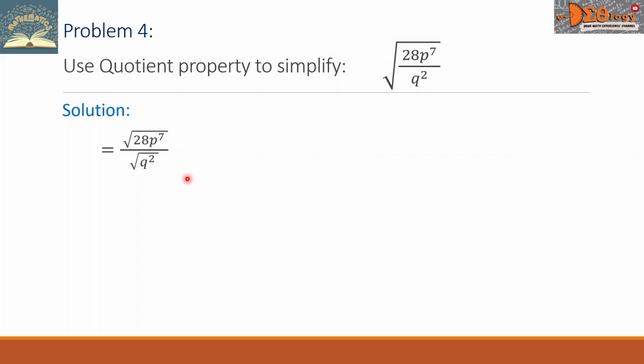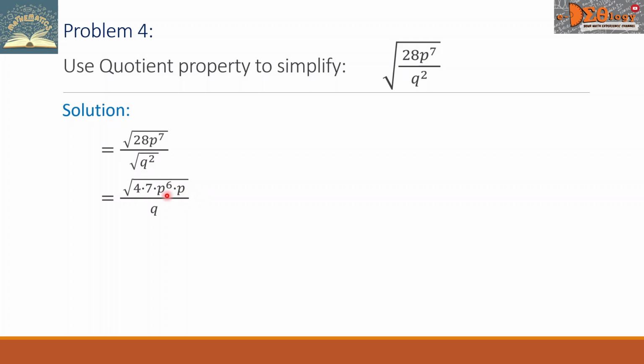In the denominator, the square root of q squared can be simplified into a simple q, while in the numerator, we're going to show this 28 as factors such that one of the factors must be a perfect square number. So 28 becomes 4 times 7. For the p raised to 7, we split this into two factors such that one of the factors must be a perfect square. So we have p raised to 6 times p.